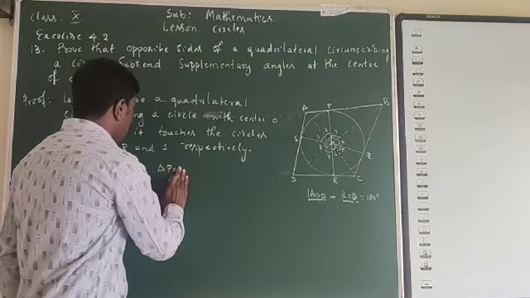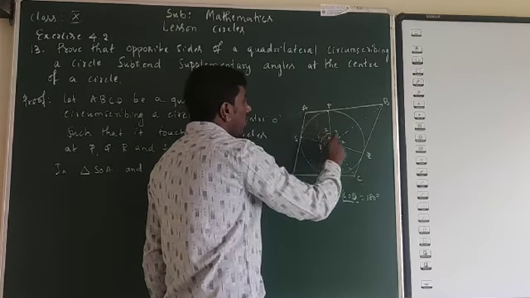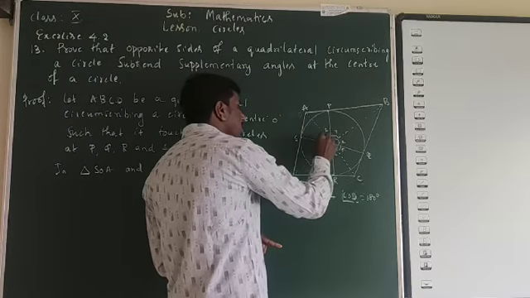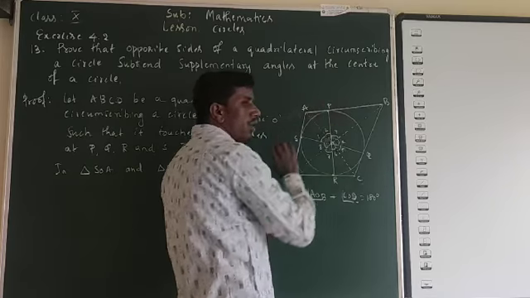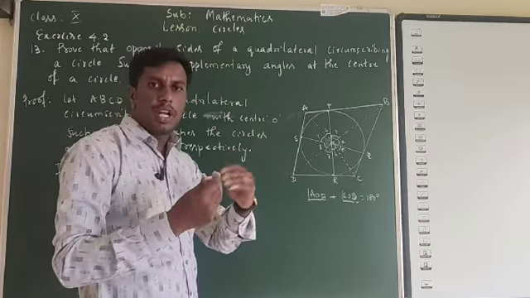I will prove that these two triangles are congruent. Then I am able to say that these two angles are equal, that is, angle 1 is equal to angle 2. By using that, I am able to obtain some relation.